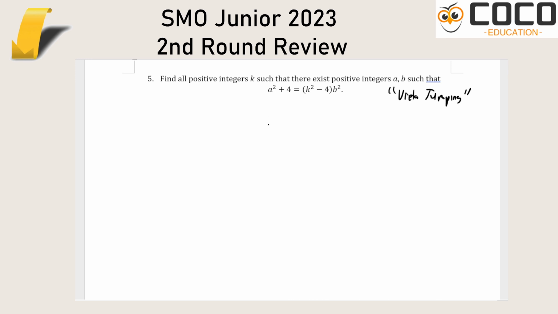So our answer mark for this would come from just trying stuff. k equals to 1 clearly fails and 2 clearly fails. And if you try k equals to 3, you'll get something like a squared plus 4 equals to 5b squared. Obviously 1 and 1 work.